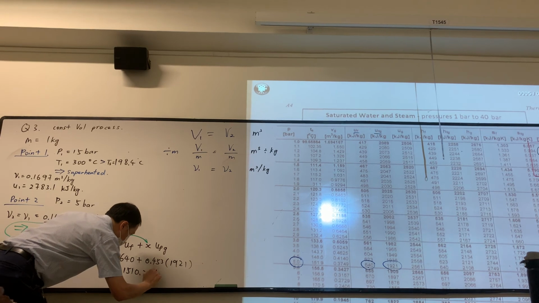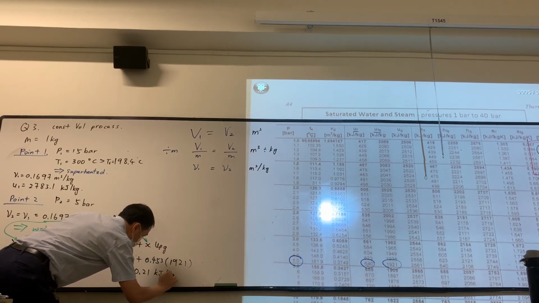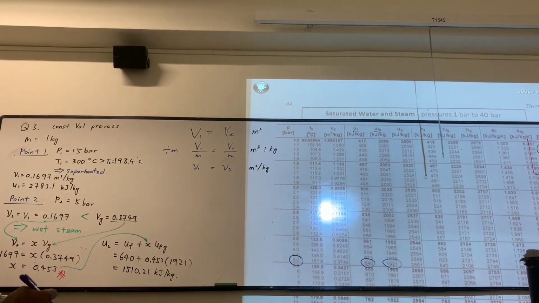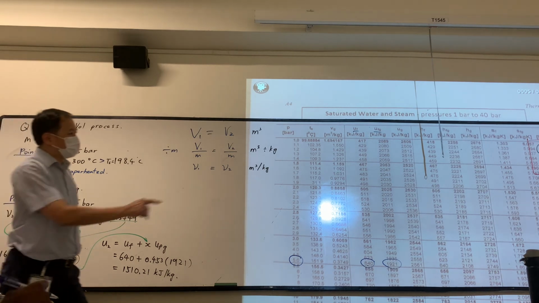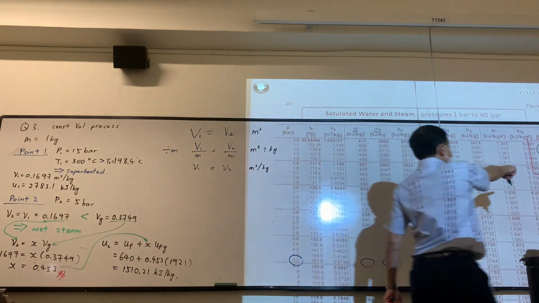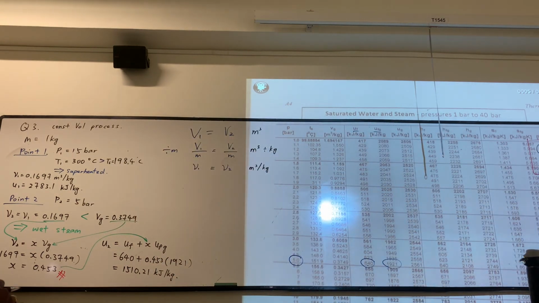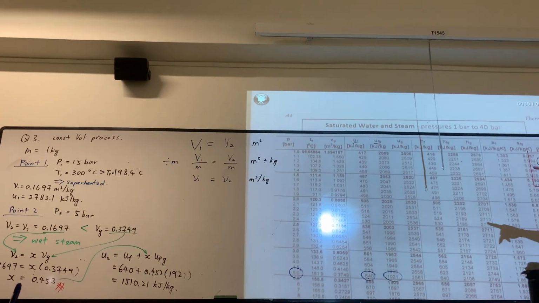So U2 is 1510.21 kilojoule per kilogram. I have my U1, I have my U2, so I can calculate my heat transfer. I do it here since I wrote the equation here. The heat transfer equals M times q, which is M times U2 minus U1. My M is 1 kilogram.